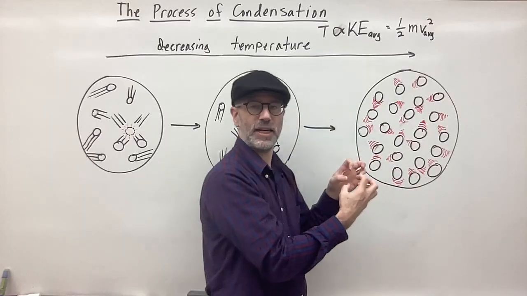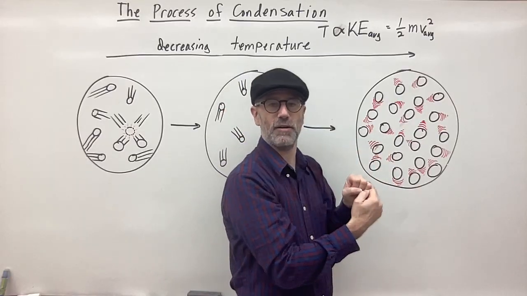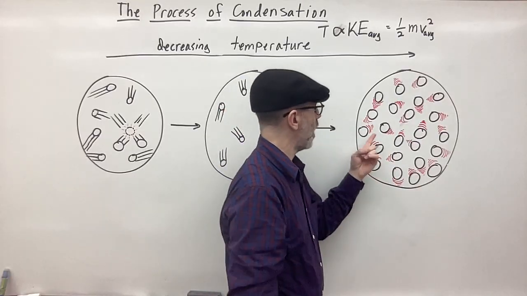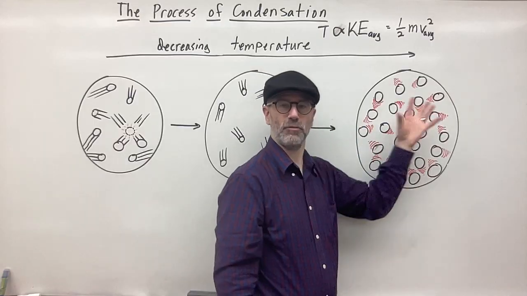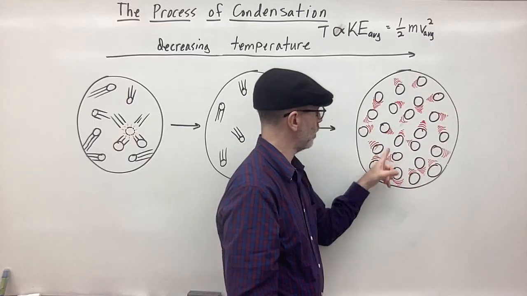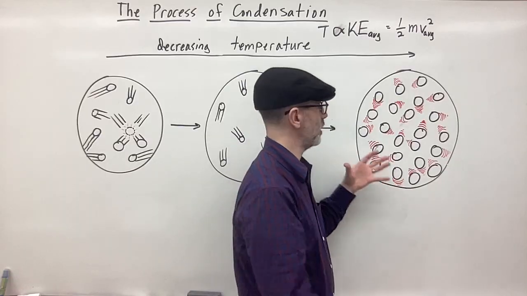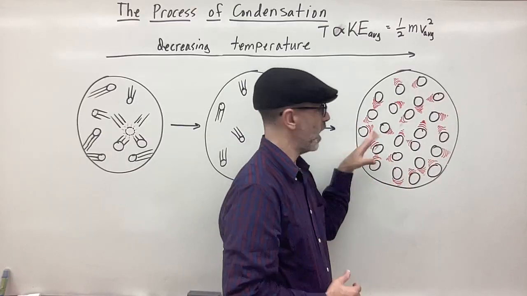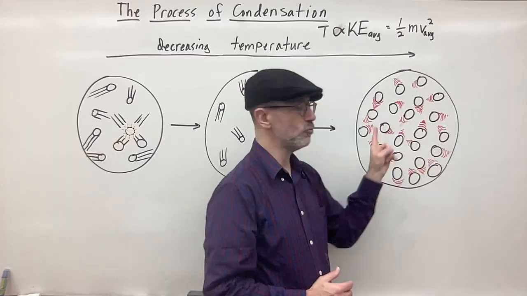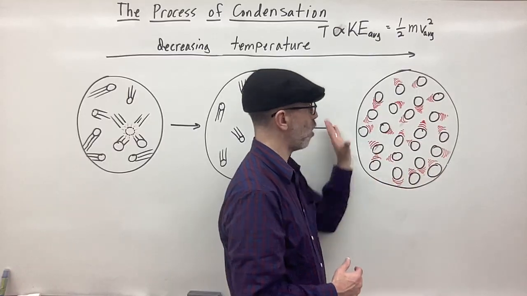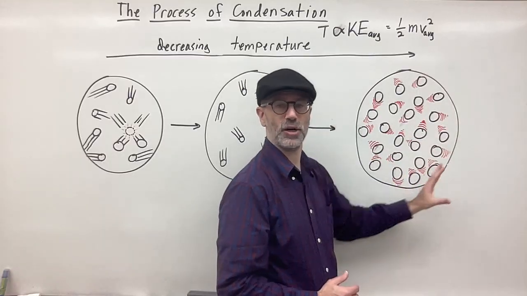They're kind of stuck together, really in close vicinity of each other. But they can still move around, right? They're still moving around, but they're relatively close. They're still bumping into each other more frequently because they're kind of more packed together. But they can move around still, right? So here you've got water. So this would be liquid water here.